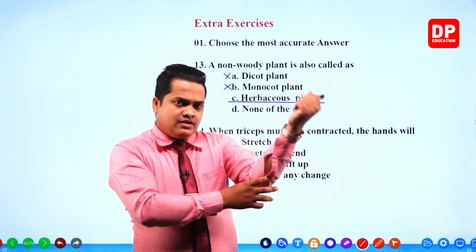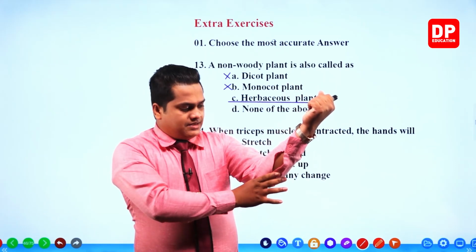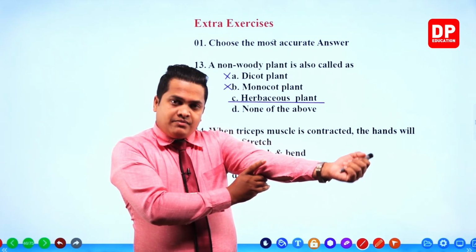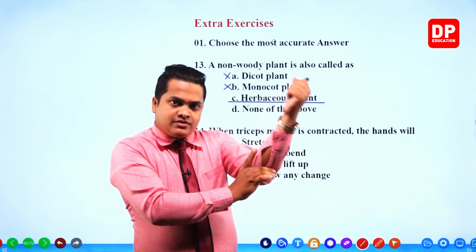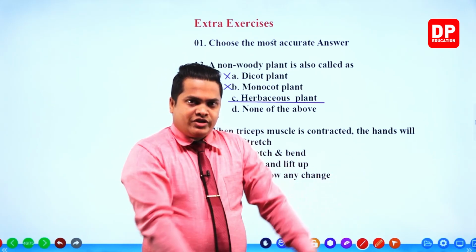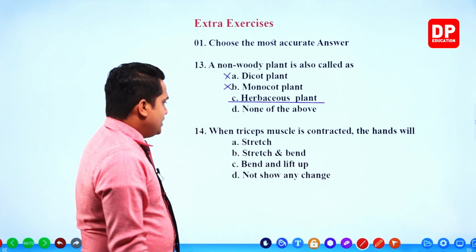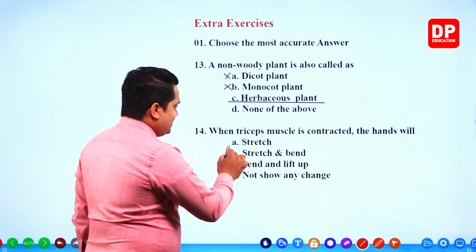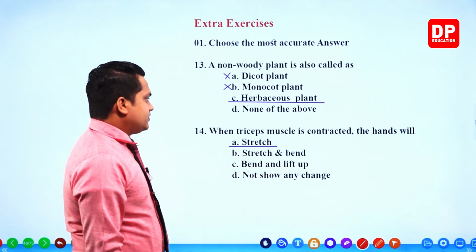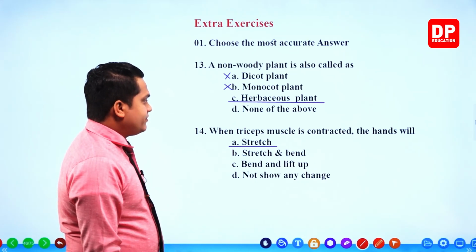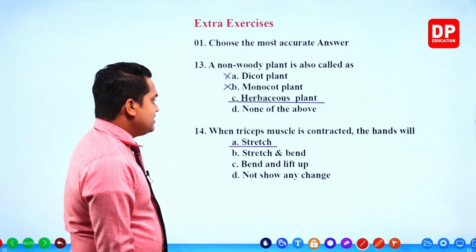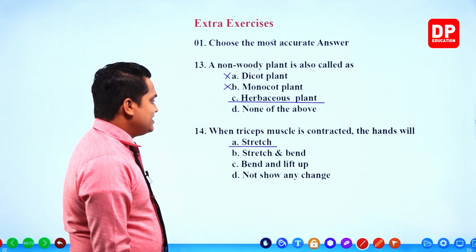When contracting tricep, contracting means reduction of length. So when the length is getting reduced, our arm is getting stretched. So, stretched is the correct answer. When tricep muscle is contracted, the hands will stretch.